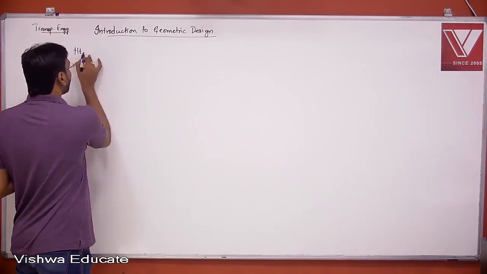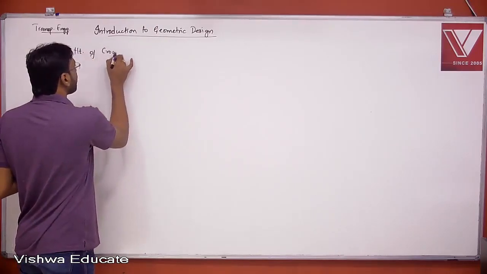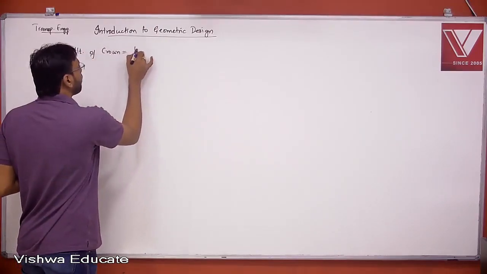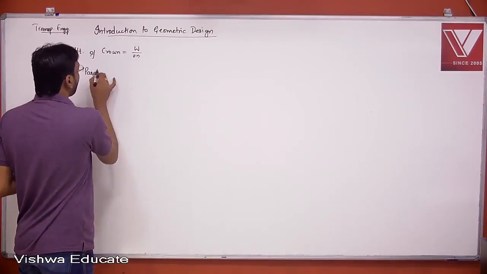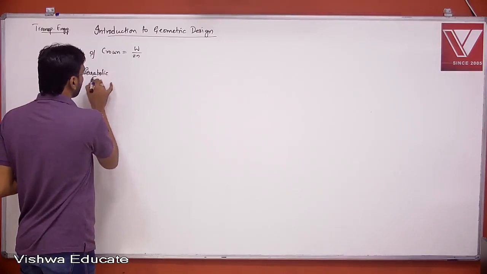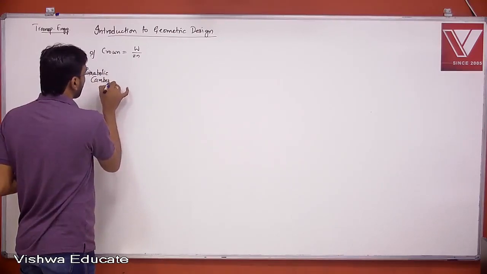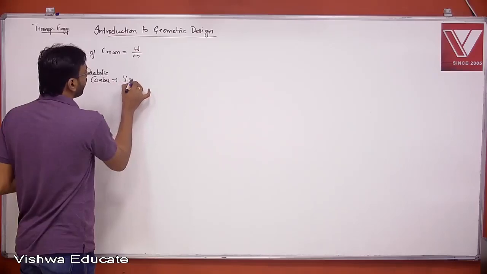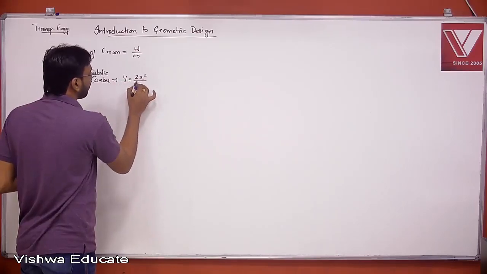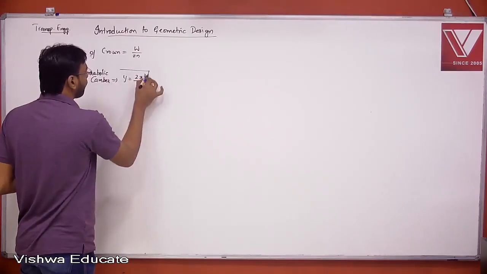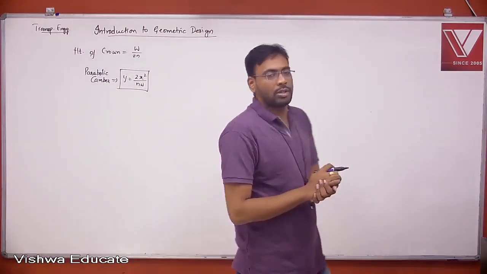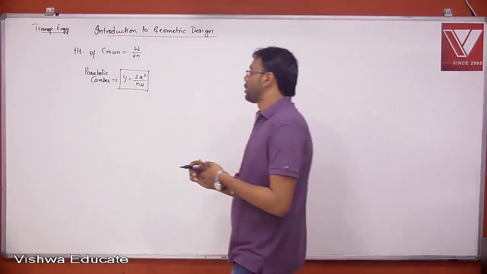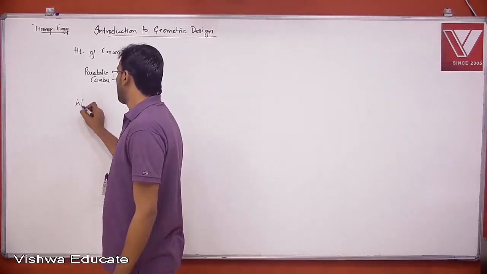Height of crown is W by 2n, and the parabolic camber equation is y equals 2x square by nw, right? Based on these concepts, let us do some problems from the workbook.